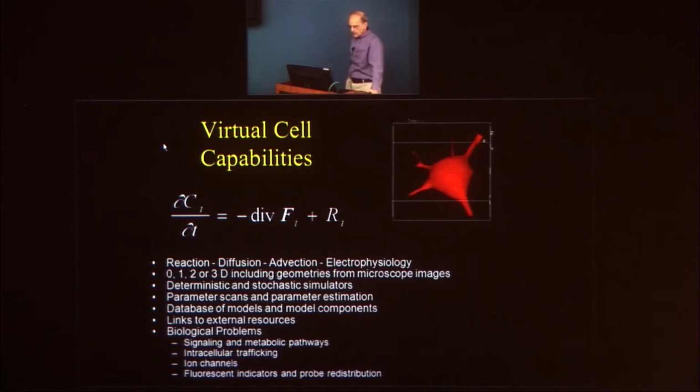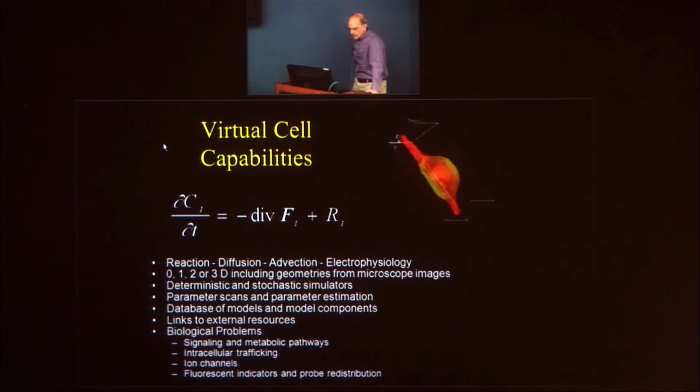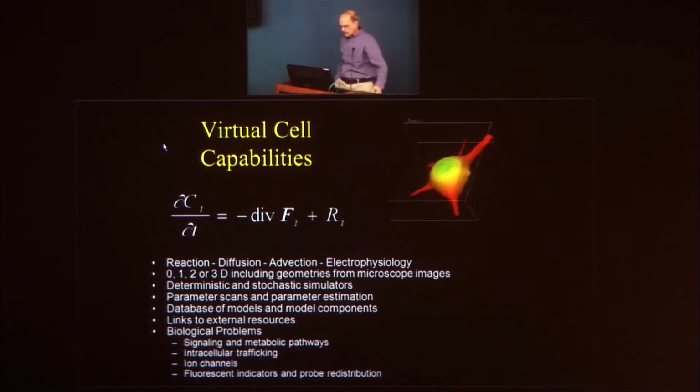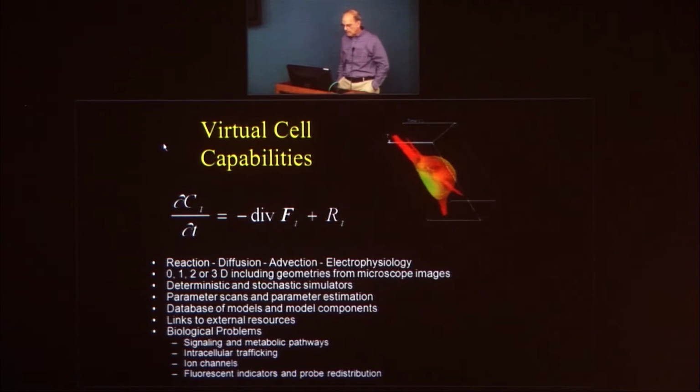So it can deal with reaction, diffusion, advection. It can also deal with electrophysiology. We can have membrane potential and currents in the model. It can deal with all the way up to 3D geometries, including geometries derived directly from microscope images, like the one that's playing up in the upper corner.